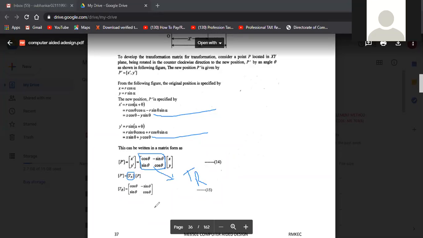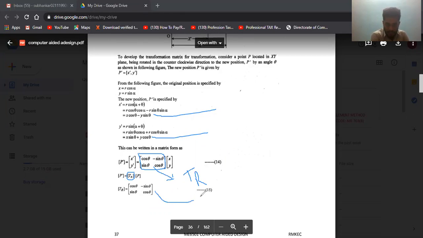Same thing you can derive along y-axis also. This is the rotation matrix along x-axis. Same concept you will use and you can derive it along y-axis, and the rotation matrix along z-axis also. Clear?